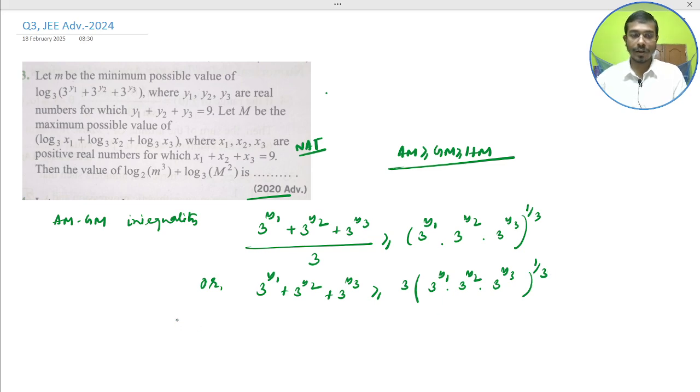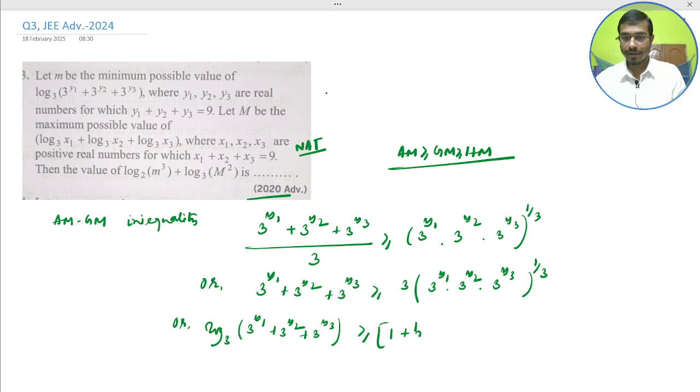Now taking logarithm on both sides, log base 3 of (3 to the power y1 plus 3 to the power y2 plus 3 to the power y3) is greater than or equal to 1 plus 1/3 (y1 plus y2 plus y3).